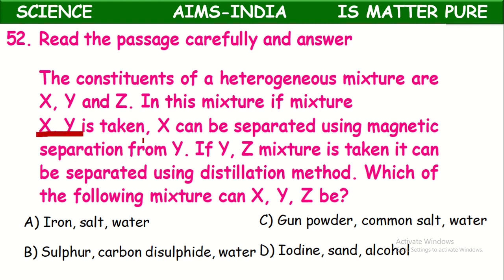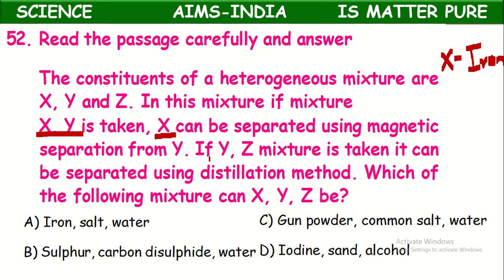If X and Y is taken, X can be separated by using the magnetic separation technique. Now what we can say, X is a magnetic substance. So out of the given options, the magnetic substance is iron. So X must be iron. Then only we can separate this by using the magnetic separation technique.